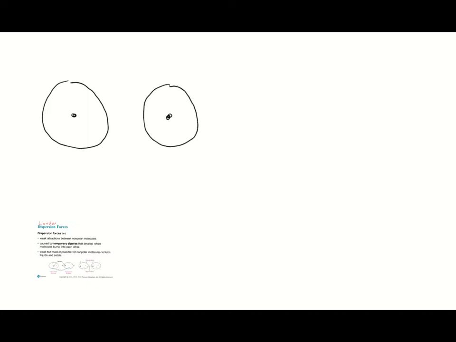Now, this electron cloud is not a rigid, set-in-stone structure. It's more like one of those stress toys where it's like a thick rubber balloon filled with sand. You know, when you squeeze one end of the thick rubber balloon and the other end pops up big, and then you squeeze that end and the sand shifts the other way and pops up big, or you squeeze the middle and the sand goes out to the two sides and forms a new shape, and then finally you get so stressed you put your fingers through the rubber balloon and the sand goes everywhere.